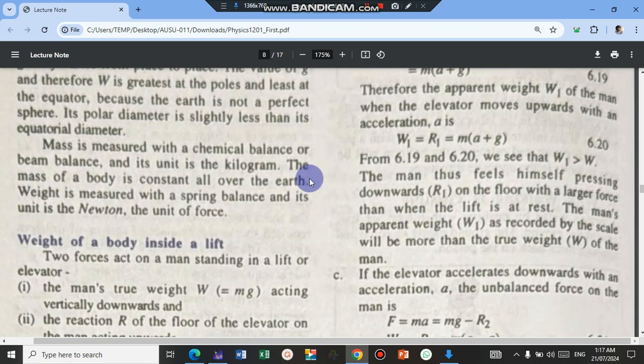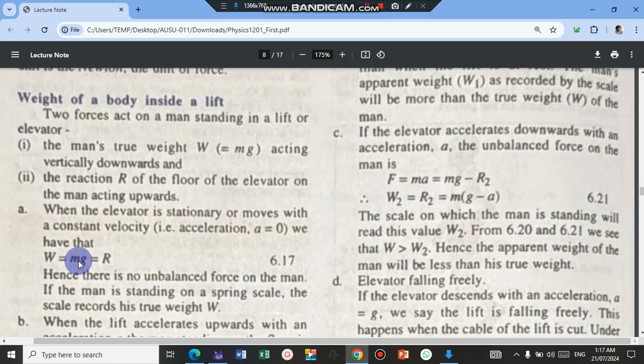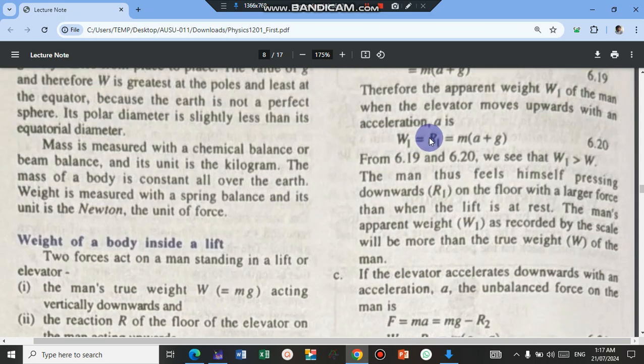So when you compare the two equations, W is equal to mg, and the other one, W is equal to M into A plus G, you see there is an addition here, A, and that makes the second equation more than the first equation.